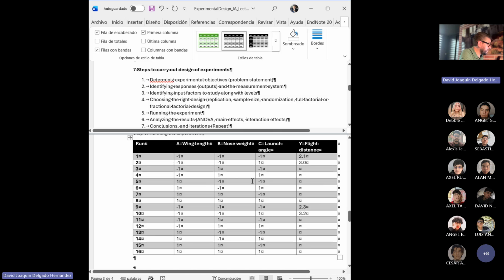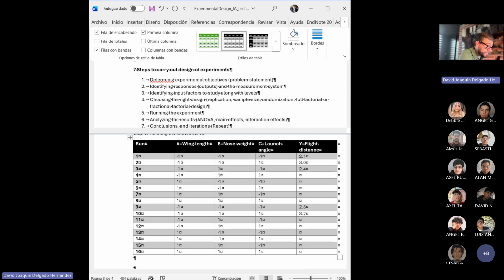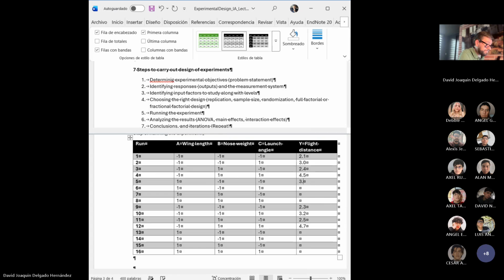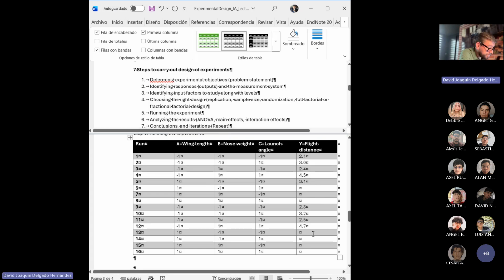Then the third experiment, 2.4, and down here, 2.5. Okay, the next one, 4.5, and then 4.7. Perfect. Well, the next one, 3.1 and 3.3.